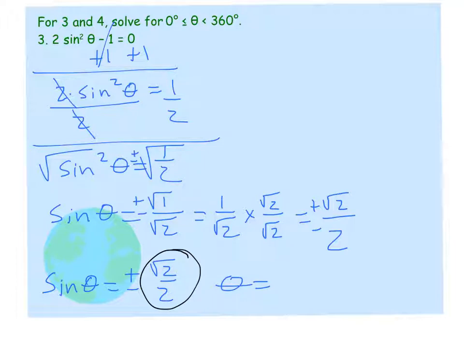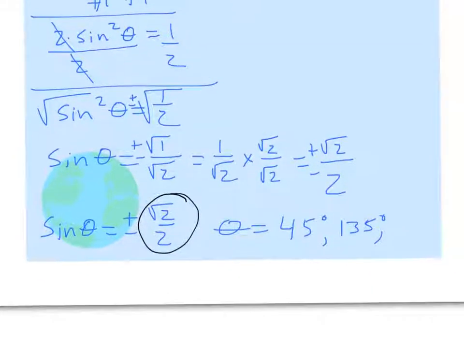Okay, so we're looking at the y-coordinate because this is sine. At 45 degrees, and remember, here we're solving in degrees. That was what told us that. 45 degrees has a sine value of square root 2 over 2. 135 degrees has a sine value of square root 2 over 2. Did you get those? 225 degrees has a sine value of negative square root 2 over 2.